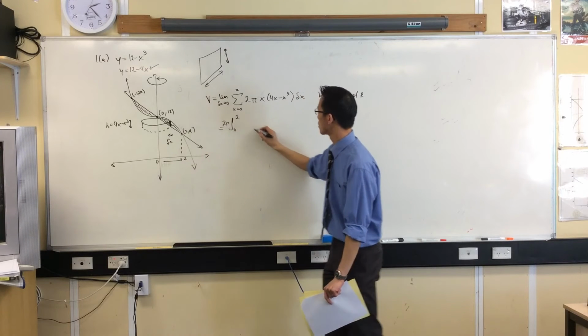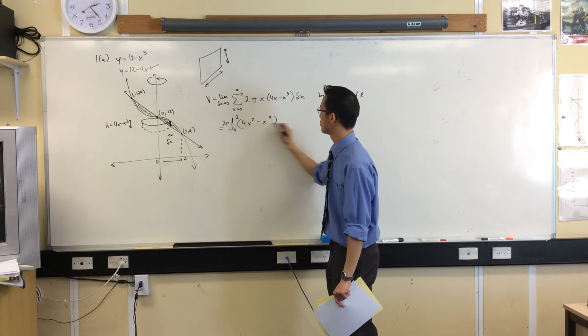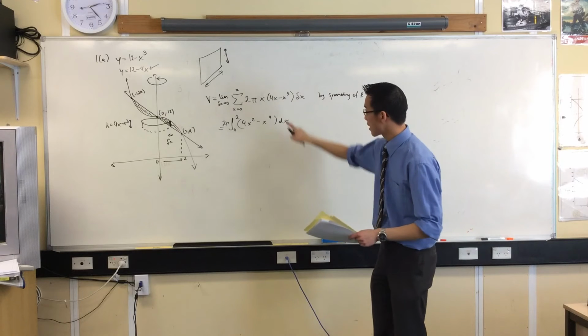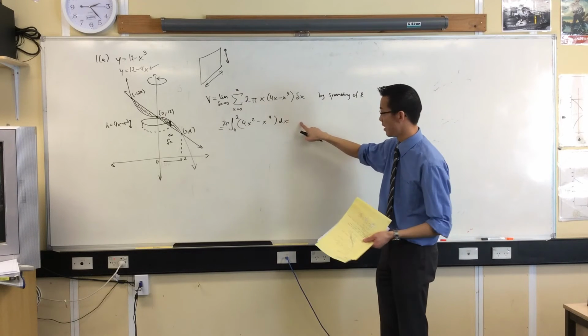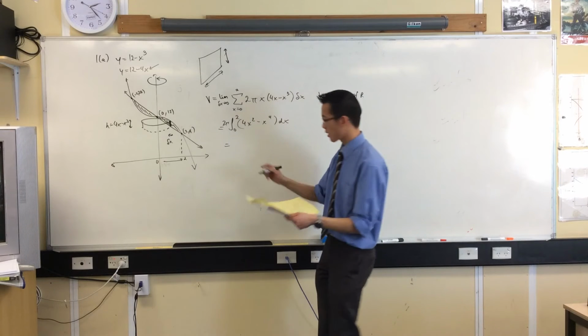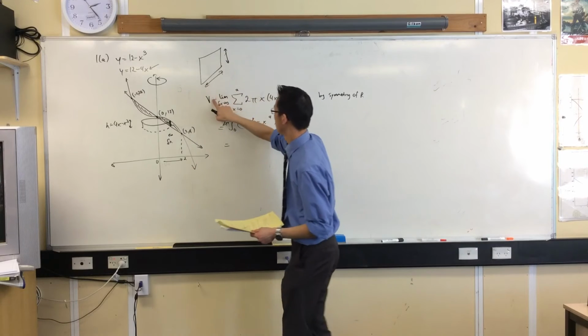2 pi, 0 to 2, 4x squared minus x to the 4, dx. And now I'm integrating. There was nothing from here to here, not much consequentially. But when you actually do integrate, there was the second mark there. Oops, sorry, I missed something.